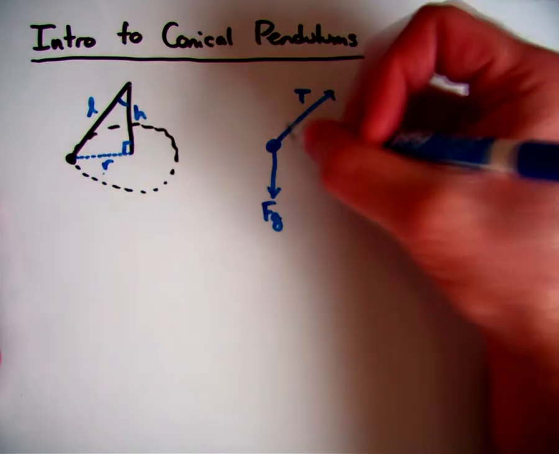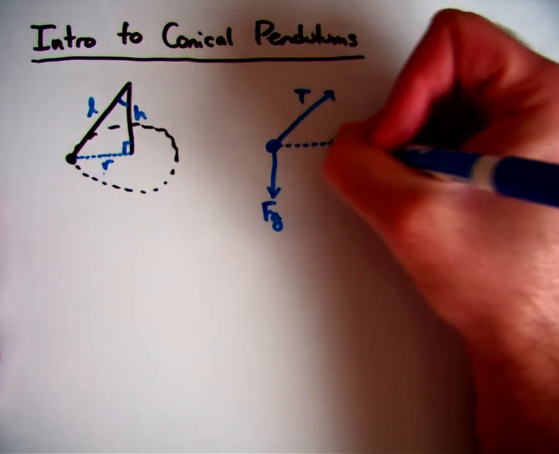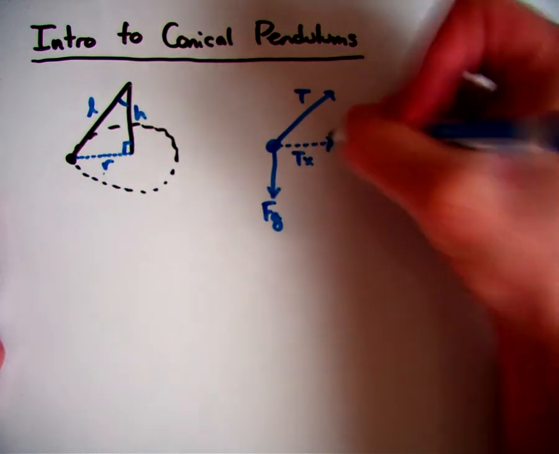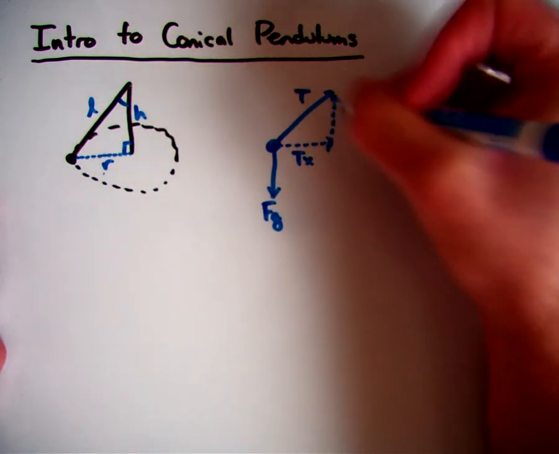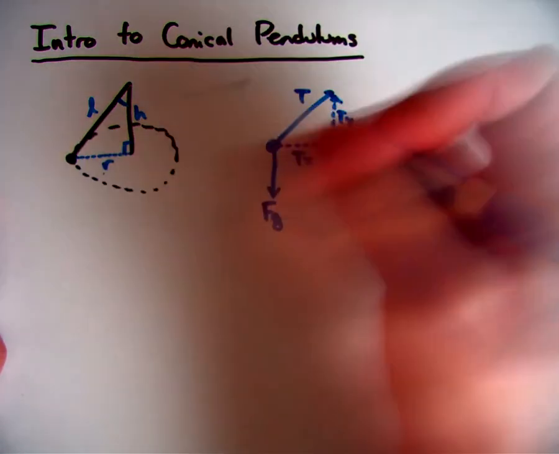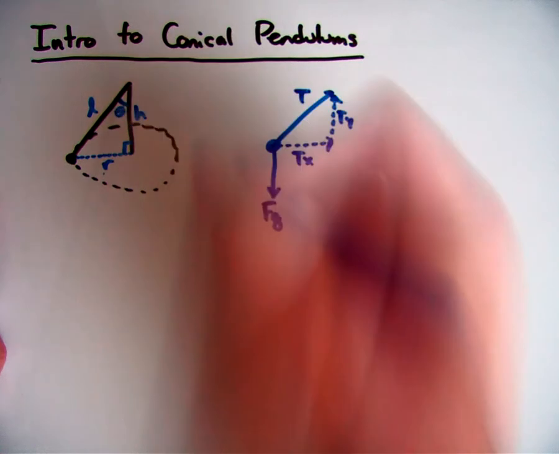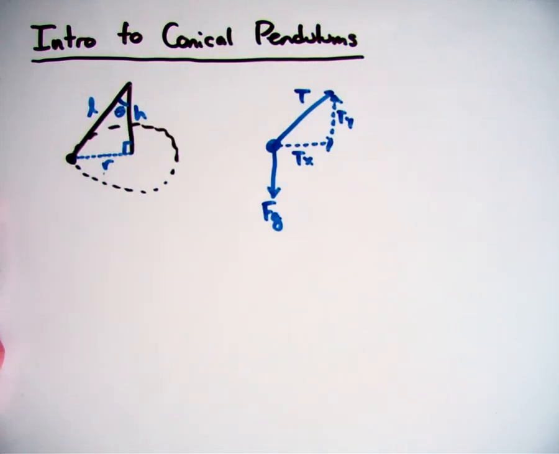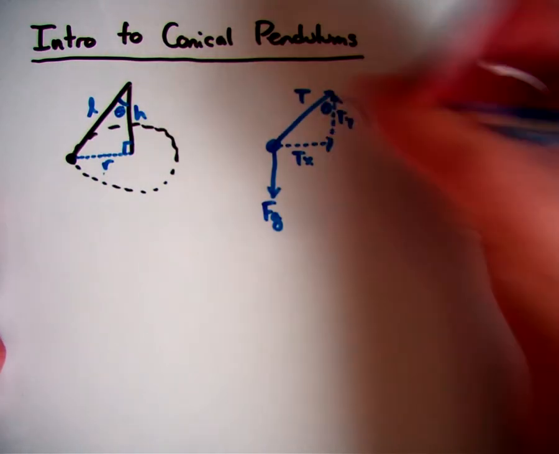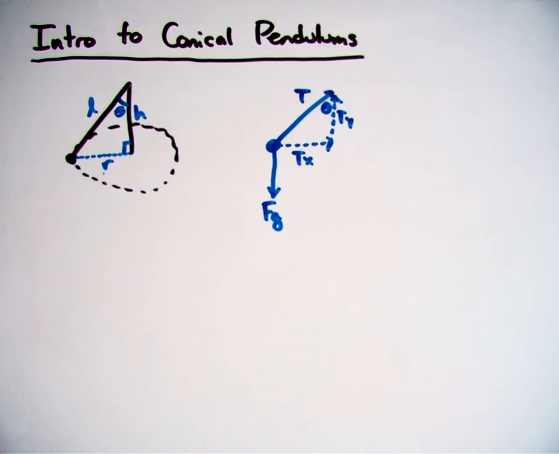Now, that's important because we can find the x component of tension and the y component of tension as long as we can find this angle theta. So as long as we can find that angle theta, this might be the angle up here, we can use that in our trigonometry to find our Tx and our Ty.